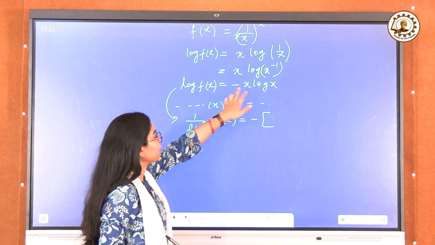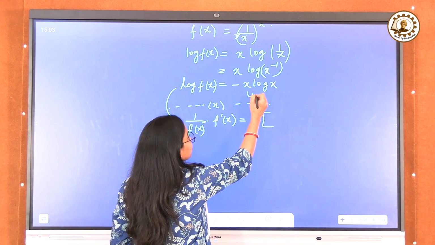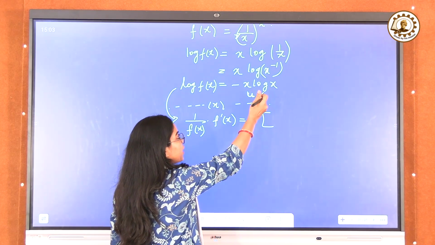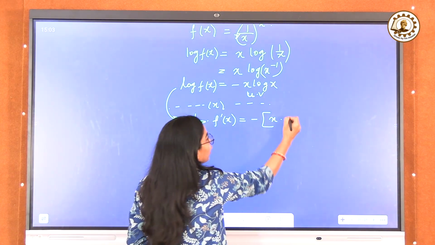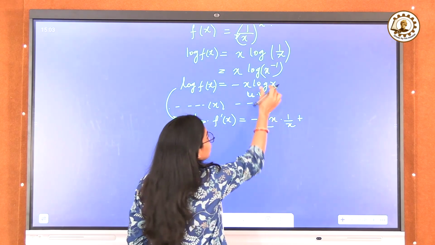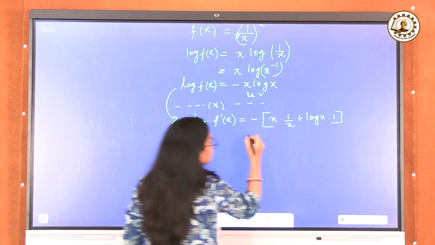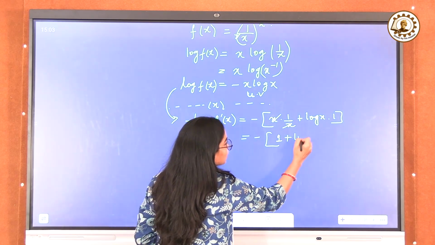Since there are two functions in multiplication form, we apply the uv method of derivative: u times derivative of v plus v times derivative of u. So x into derivative of log x, which is 1/x, plus log x into derivative of x, which is 1. So that is minus, x cancels, 1 plus log x.